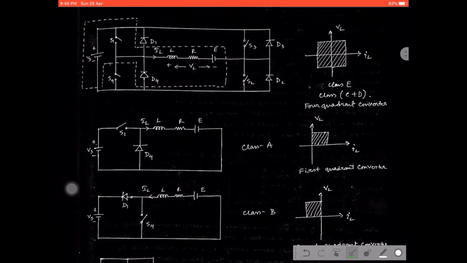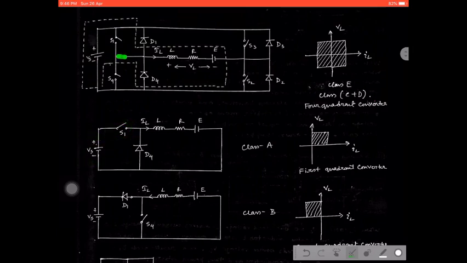Okay, now see, we have taken a particular section which is mentioned by this dotted line. Just cut out this line or the circuit from here, which will give you this circuit or Class A chopper. See, VS is connected directly to switch S1, right?